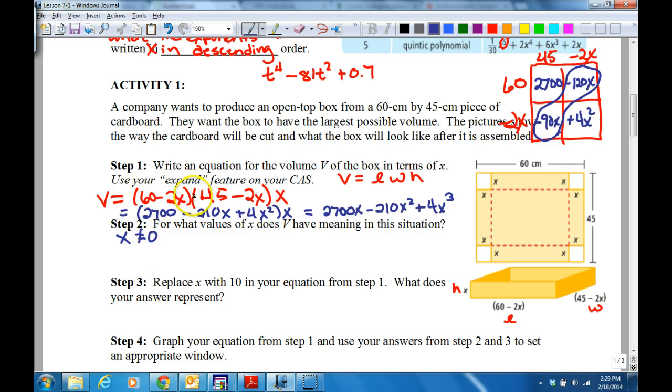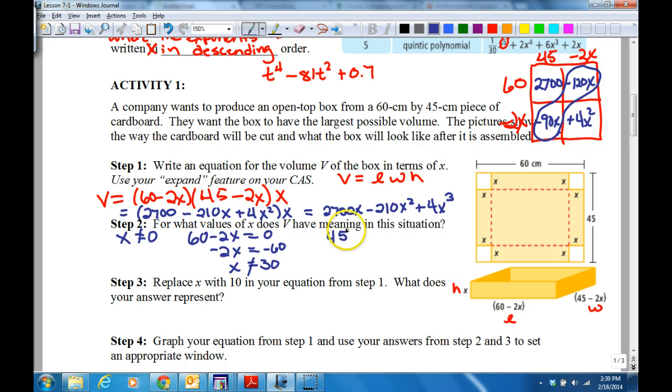Well, one way we can find it is to take this factor, 60 minus 2x, and set that equal to 0 and solve. If I subtract 60 from both sides, I get minus 2x equals minus 60. So x is 30. Okay, so it can't be 30. What else can x not be?